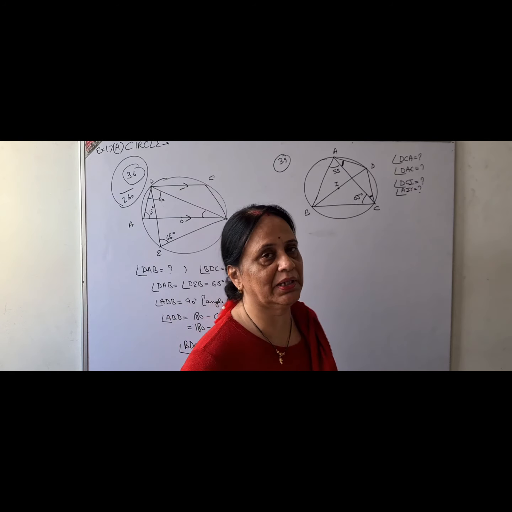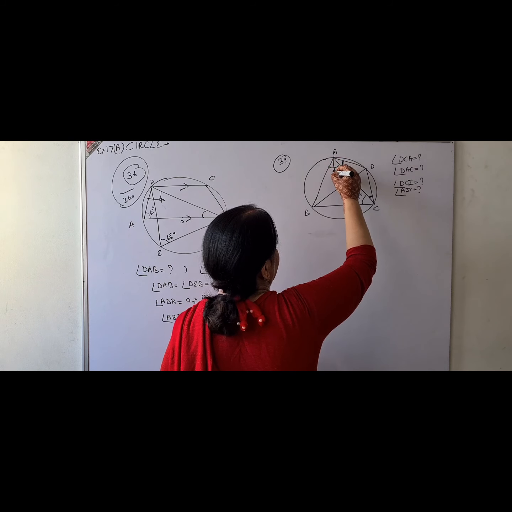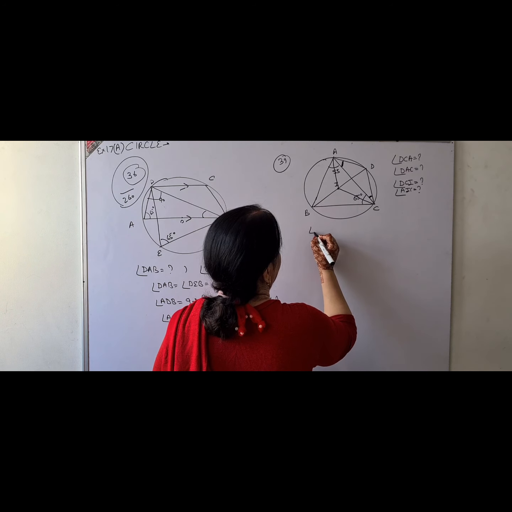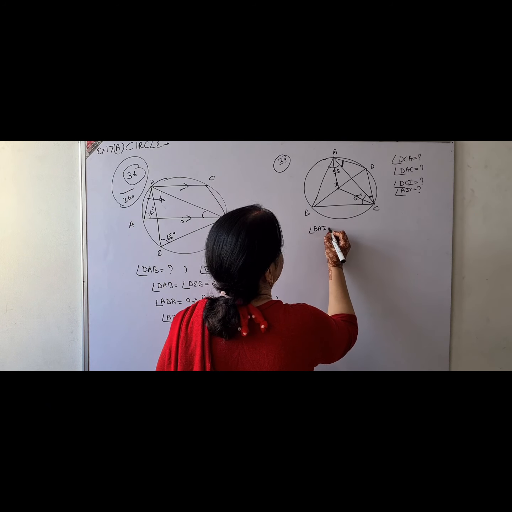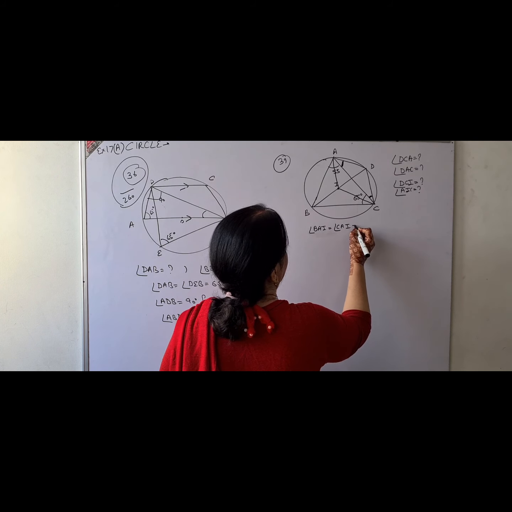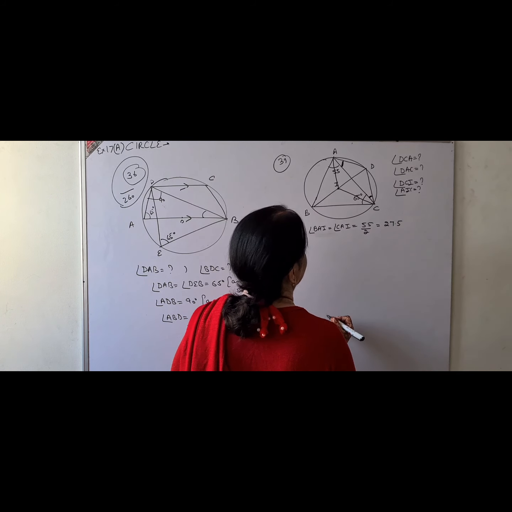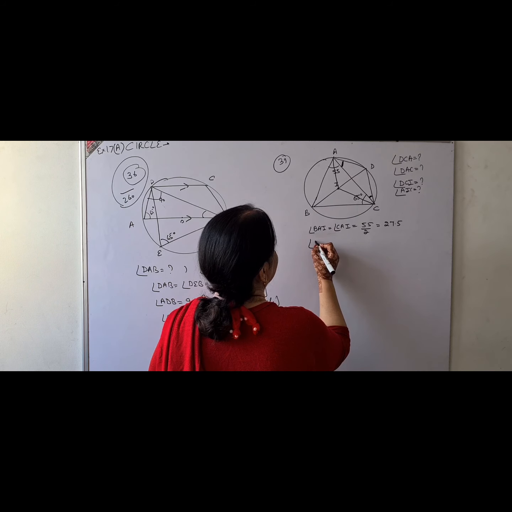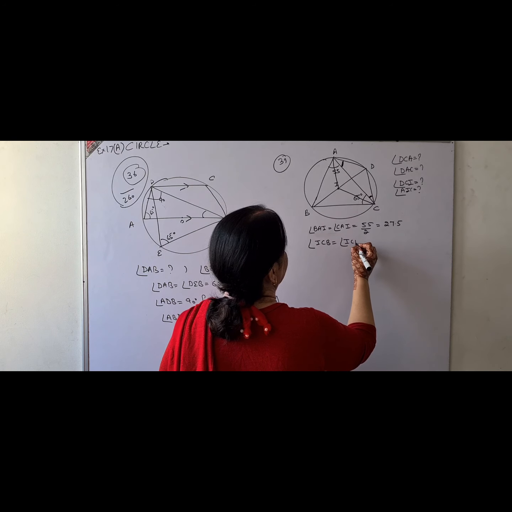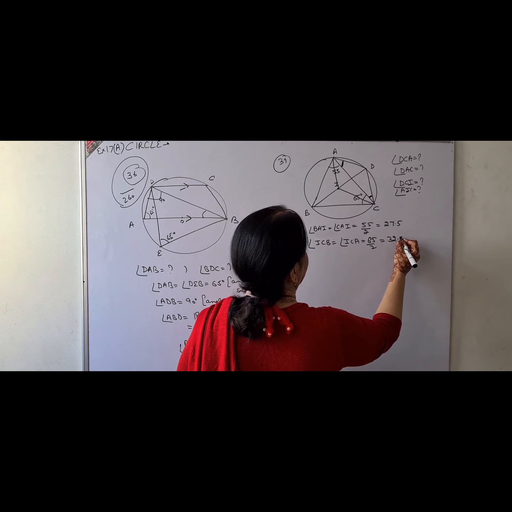But it does mean that I divides the angles at the vertices of the triangle into equal parts. That means angle BAI is equal to angle CAI, which is 55 over 2, 27.5. Similarly, angle ICB is equal to angle ICA, which is 65 upon 2, 32.5.